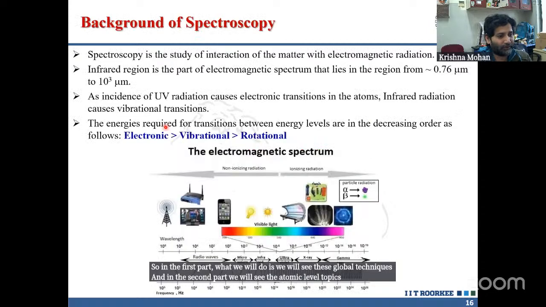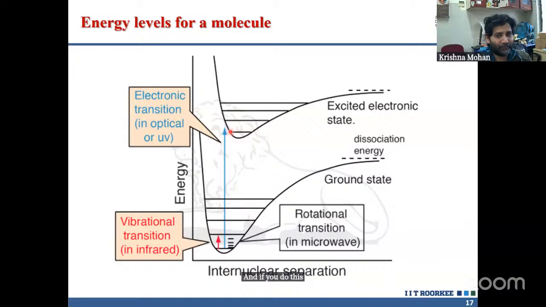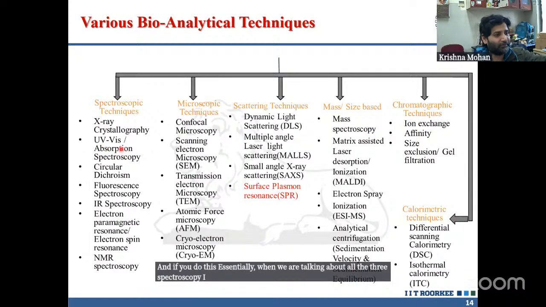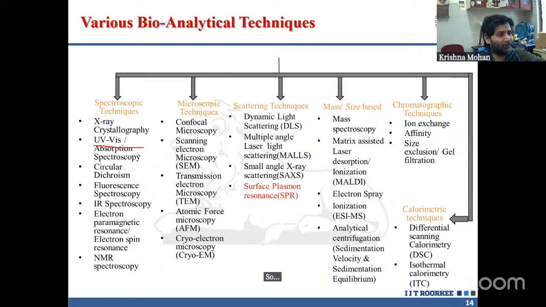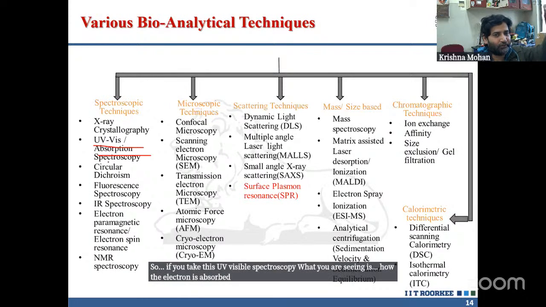As I told you, we use different waves to get this. When we talk about these 3 spectroscopies, I will tell you the difference between them: UV visible spectroscopy, circular dichroism, and fluorescence spectroscopy. In UV visible spectroscopy, what you are seeing is how the electron is absorbed, that is, how it goes from the ground state to the excited state.